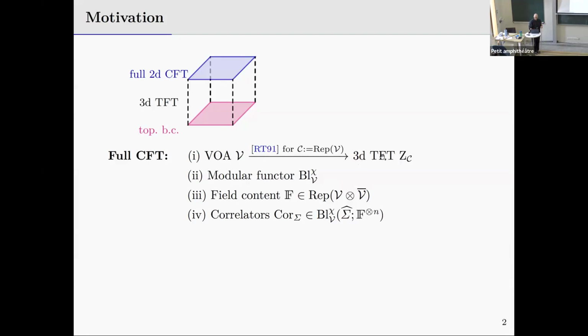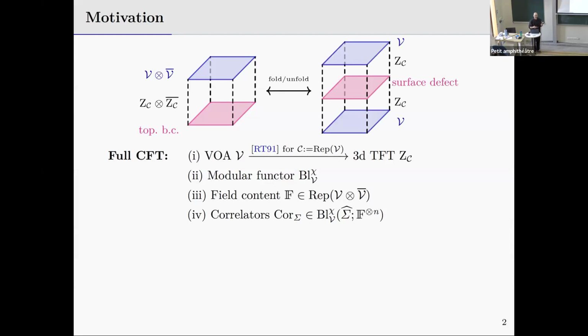However, this 3D TFT is not the 3D TFT we would want to put on this side of the picture. And the reason for this is essentially because we constructed it from the chiral data. So this will more or less be a 3D TFT which has just a chiral CFT on the boundary.